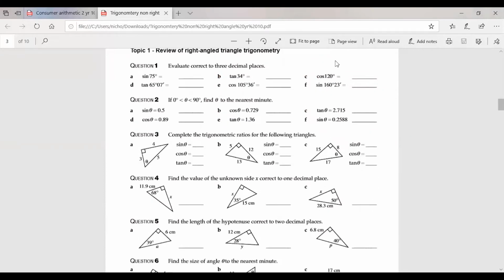Do you remember how to put this into your calculator? Can I get you to try doing that first one for me? So sine 75 degrees, how would you put that into your calculator?